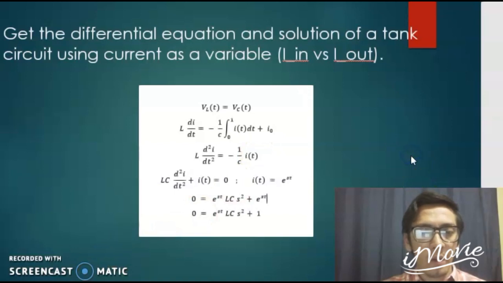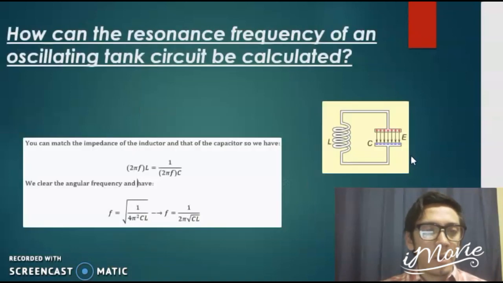Okay, now I need to talk about how the resonance frequency of an oscillating tank circuit can be calculated. You can match the impedance of the inductor and the impedance of the capacitor, so we have an equality. For example, the impedance of the inductor is 2π frequency inductance, which equals 1 over 2π frequency capacitance.